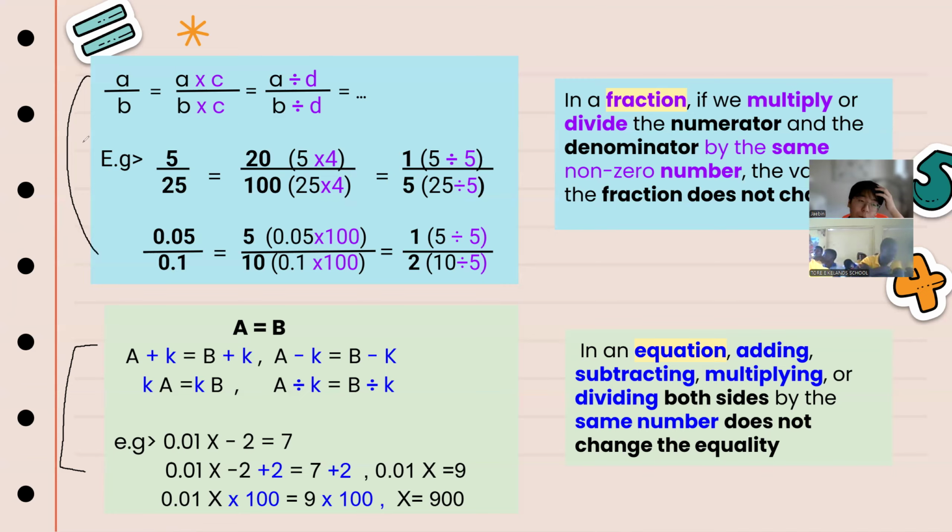this top term is called the numerator, and the bottom part is called the denominator. If we multiply the denominator b by the same number as the numerator a, in this case c, we multiplied c on both a and b, right?